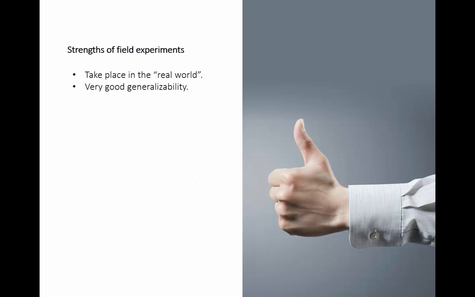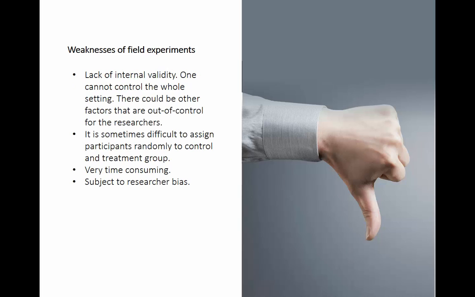What are the strengths of these field experiments? Well, they take place in the real world. You can generalize from these findings because it's not artificial. Weaknesses: there could be other things that factor in here. Maybe people who go to their bikes at a certain time, when they change the graffiti, are a different kind of people than those who show up at other times.